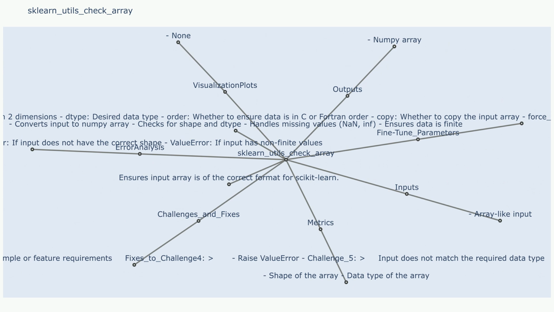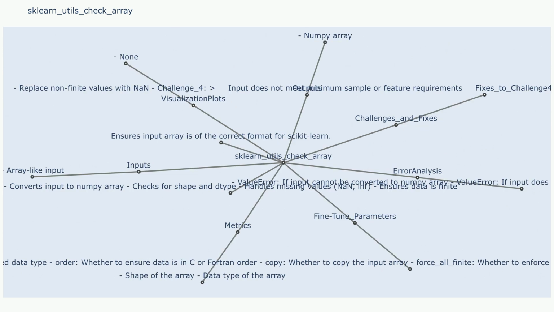Shape validation: the function enforces the desired shape of the input array. For example, it ensures that the array has the minimum number of samples and features specified. Finite values: if force_all_finite is set to true, the function checks whether the array contains any non-finite values, NaN or infinity, and raises an error if found.